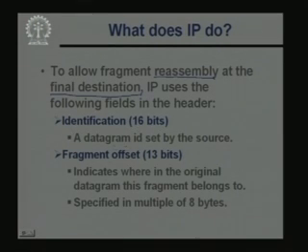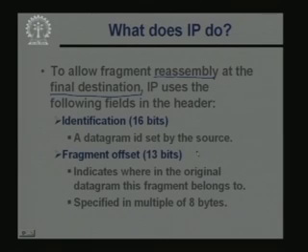It is basically an identifier, a datagram ID, which is set by the source. Suppose a packet has a datagram ID of say 10. Now when that packet gets fragmented into 3 fragments, each of the fragments will also carry the same ID 10, 10 and 10, so that the receiver can identify that all these fragments have the same ID, so they belong to the same master packet.